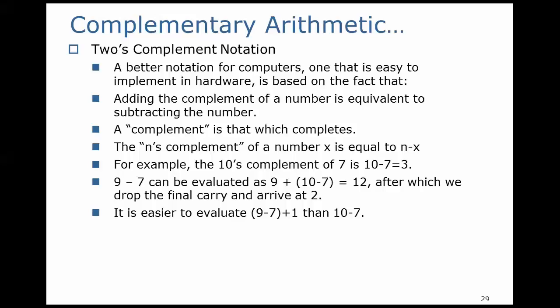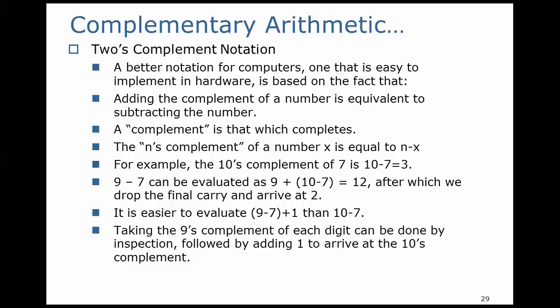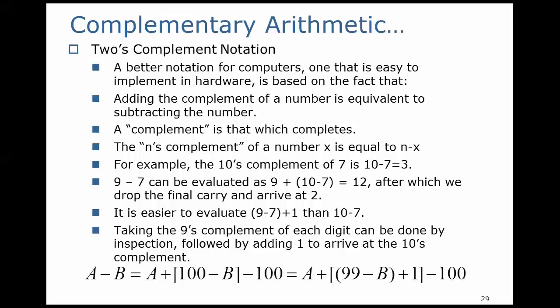multiple digit numbers. Taking the 9's complement of each digit can be done by inspection, followed by adding 1 to arrive at the 10's complement. So, for example, if we do a minus b, and let's assume those were 2-digit numbers like 54 minus 26, then we could write a plus the 10's complement, or 100 minus b, and then we'd subtract the 100 off at the end.